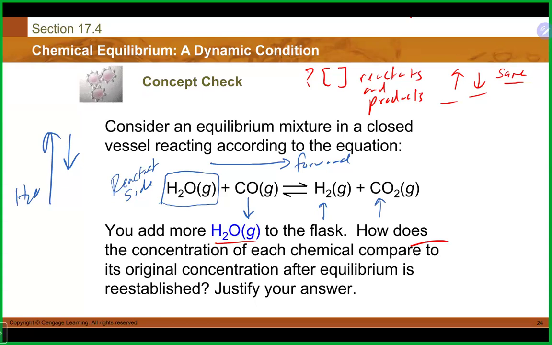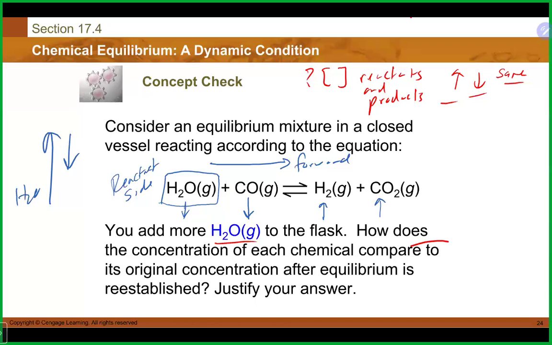It's possible you could end up with more than you started with because you artificially added it. So it went up high and came back low. But the overall direction is it should come down because the forward direction is happening. So ultimately, it should come down, but it may end up being higher than it started with only because you added it.